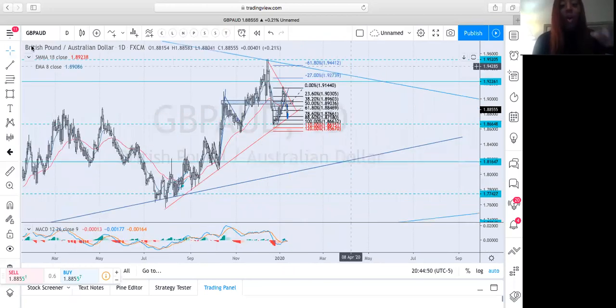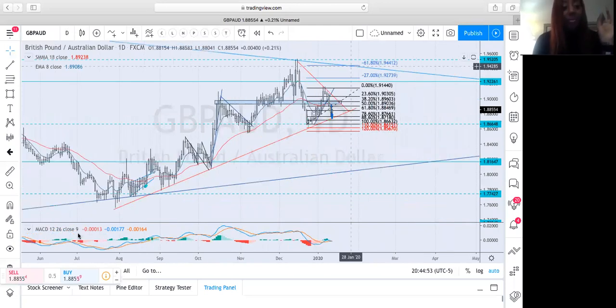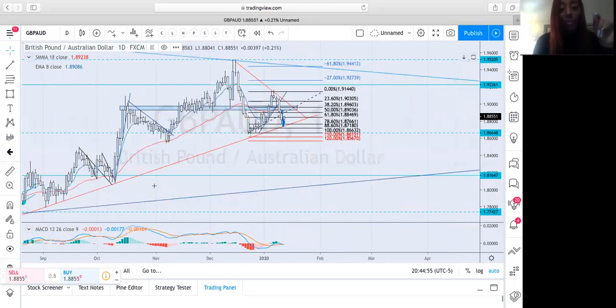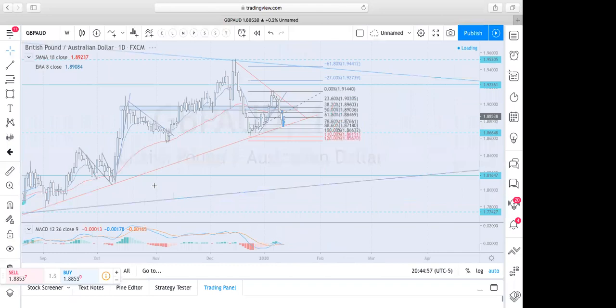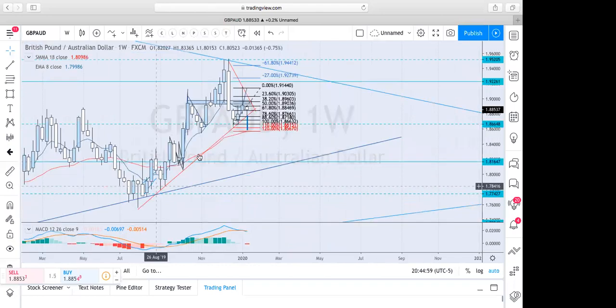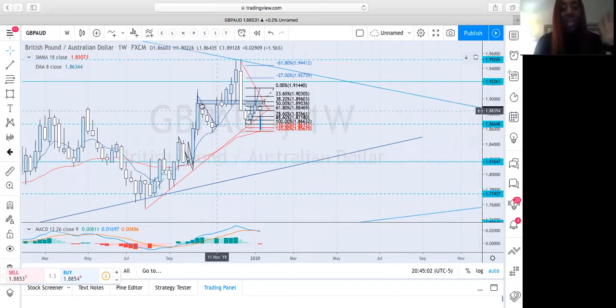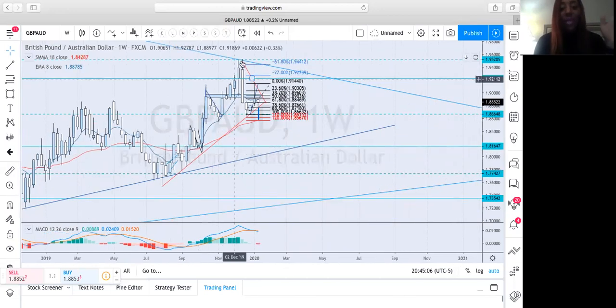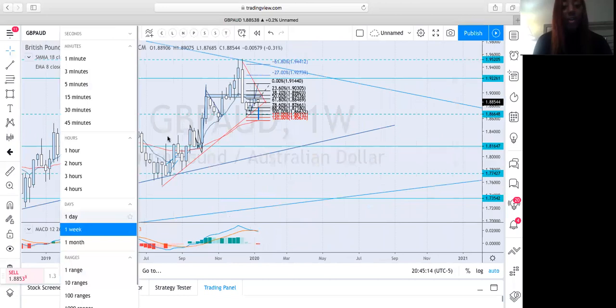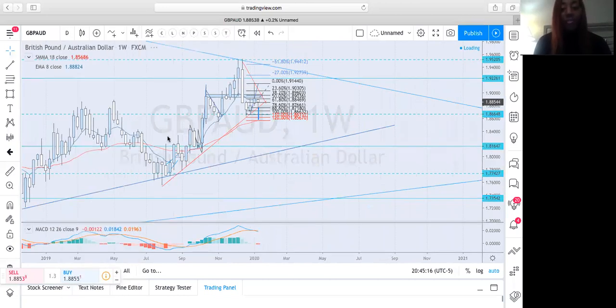So where price is right now, let me just go back one second. We know when we had Brexit, we had the elections and everything, price shot up to this point right here. We had this long for this week, then a pullback. This pullback broke structure, so let me break it down here first.